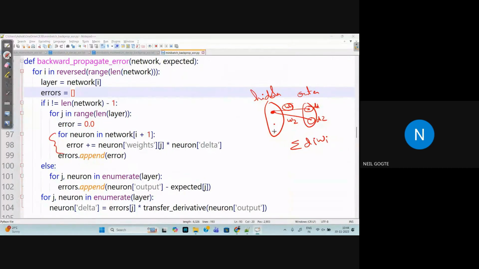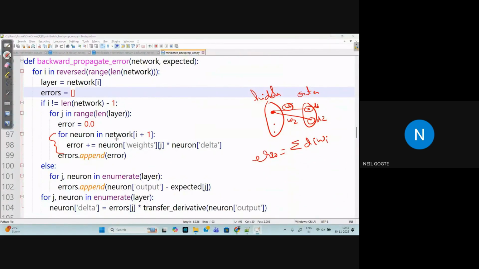For each neuron, we compute the error by taking that delta and bringing it back. For computing delta, we also need to do the transfer derivative. What I just said is the error. So this is how the error is passed back.